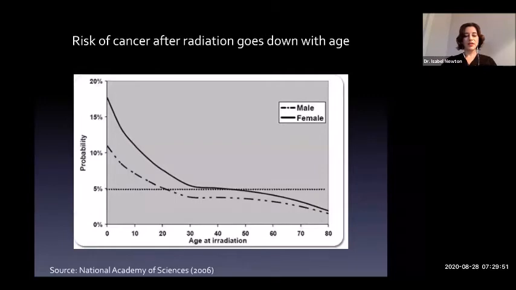This is a graph that just shows what happens to radiosensitivity as you get older. Women are much more radiosensitive throughout life, and that again is accounted for by breast cancer. Males are lower, but around the 20s and 30s is the inflection point where it starts to go down. Most of my patients are in this area.